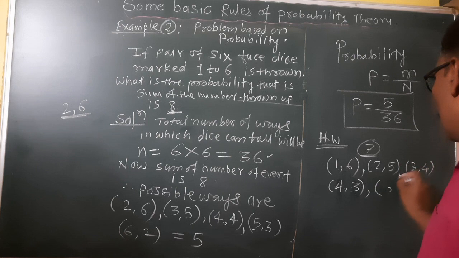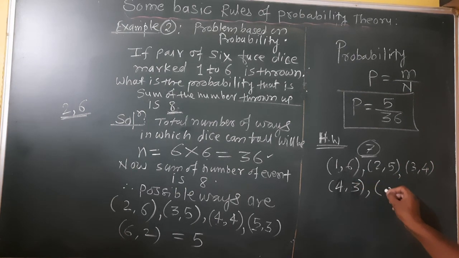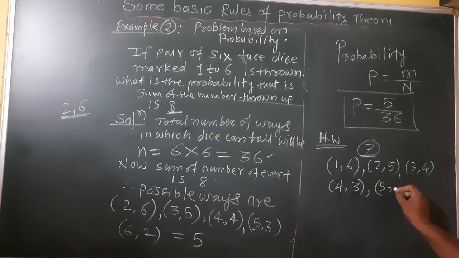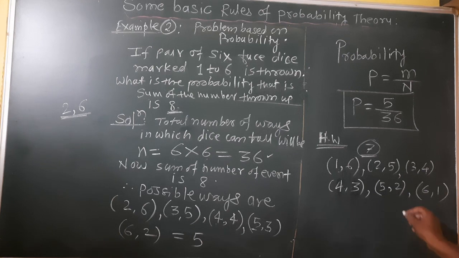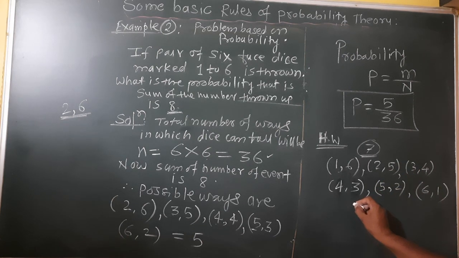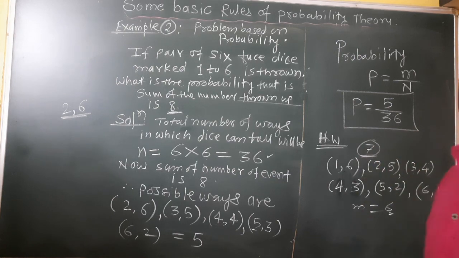Then 6, 5, 4, 3. Here addition is 7. Here 5, 2, addition is 7. And the last one is, instead of 5 what will come, 6, 1. How many ways? That is m is equal to 6, 1, 2, 3, 4, 5, 6. So it can be considered as 6 upon 36.